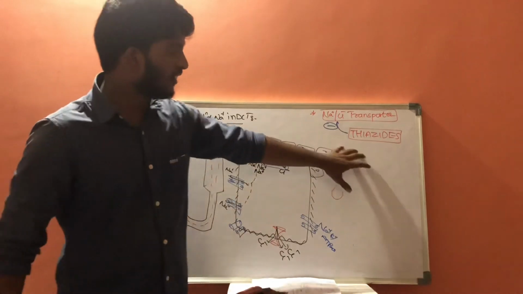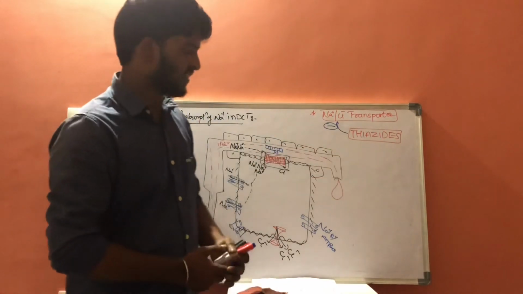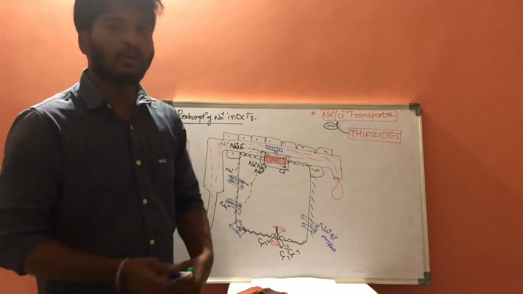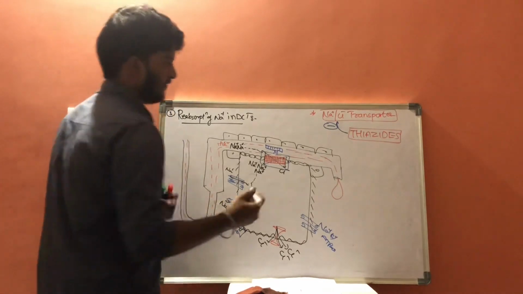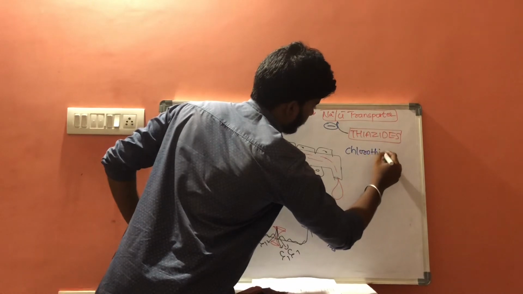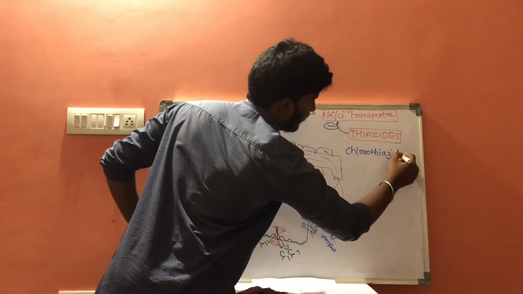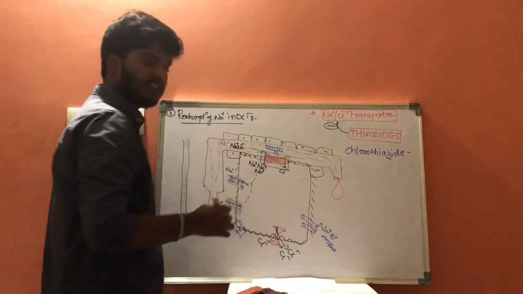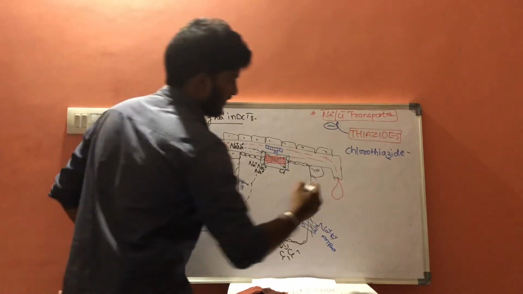So what are the drugs which come under thiazides? Let us consider the first drug, chlorothiazide, and the second one, hydrochlorothiazide.